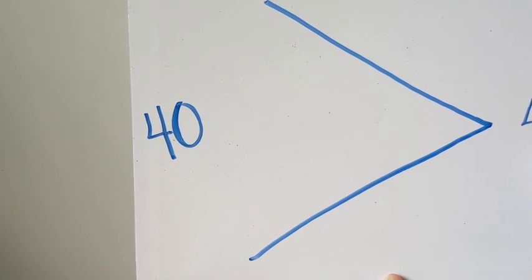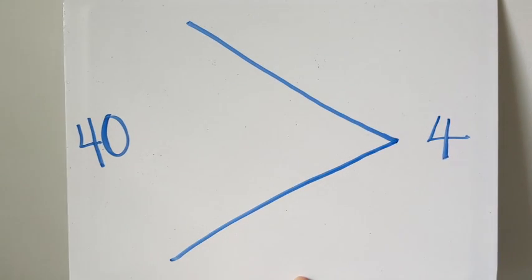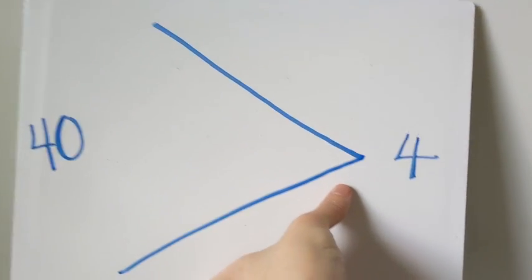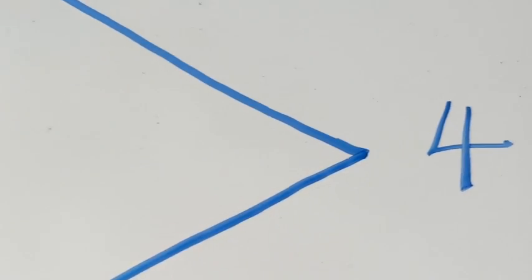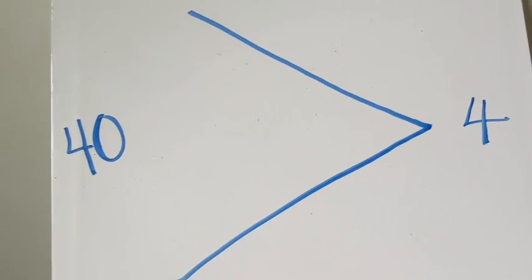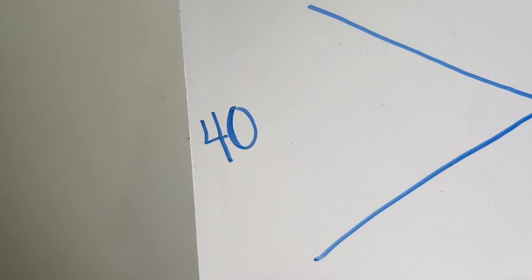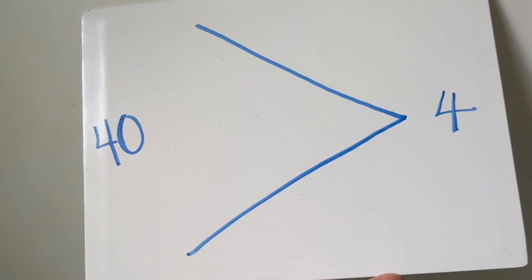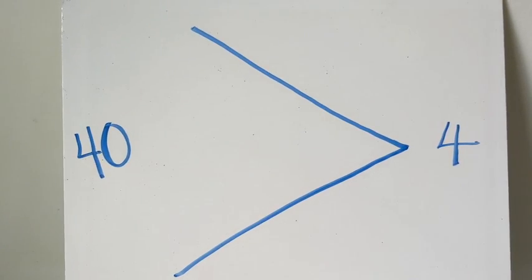On this side, you've got 40. So 4 is on the tiny, tiny side right here. And then you go out, and this big, big space right here shows you the greater side, 40. It's true, 40 is greater than 4. 40 is a lot bigger than 4.